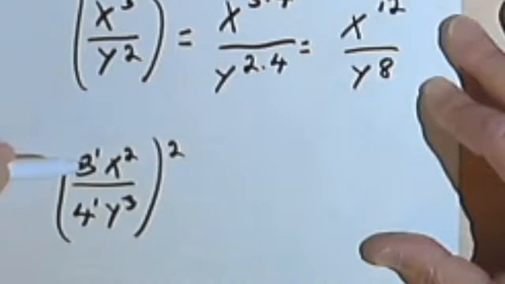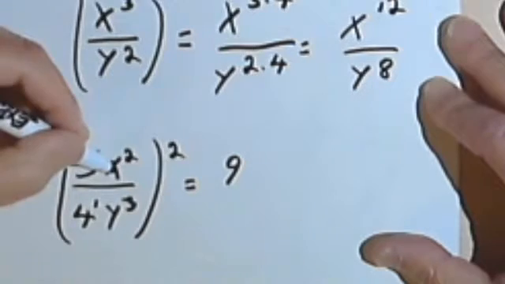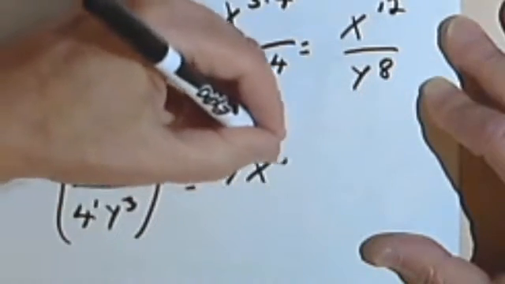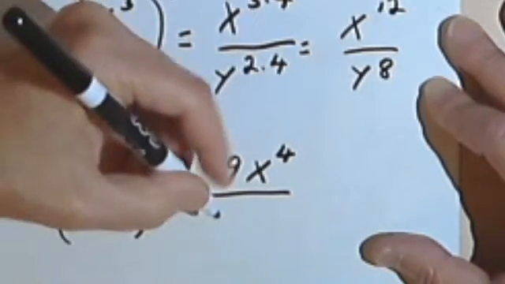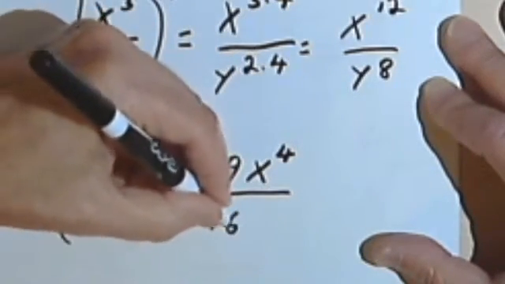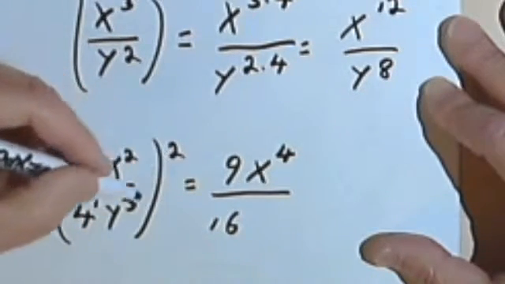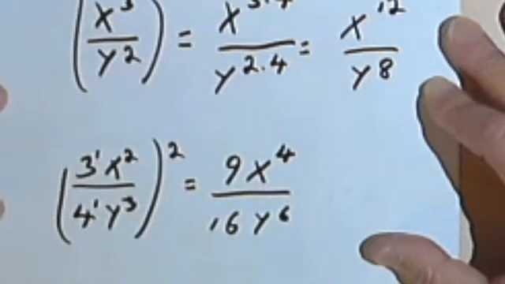So we're going to have 3 squared is 9, x squared to the second power will be x to the fourth, 4 squared is going to be 4 times 4, or 16, and then y to the third squared, 3 times 2 is 6, so I'll get y to the 6th.